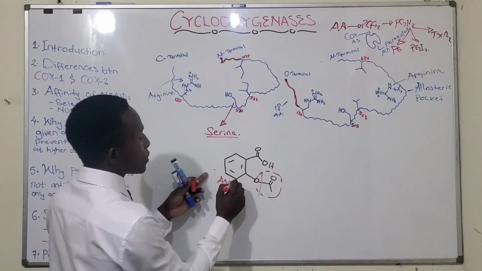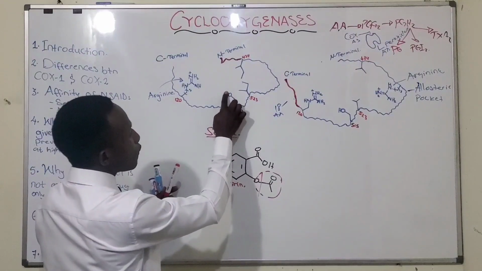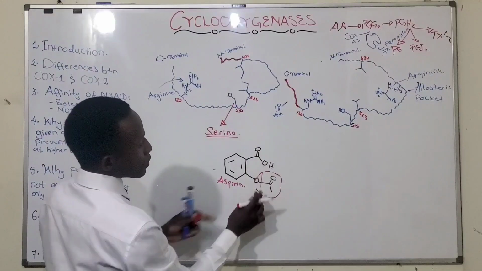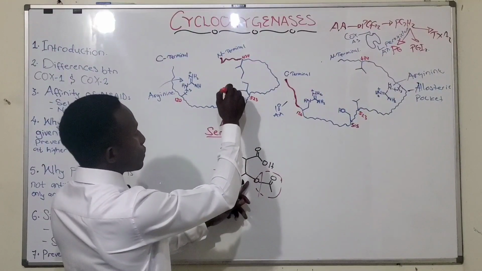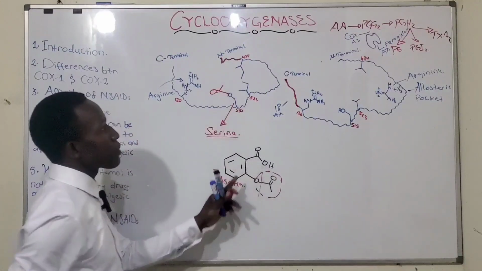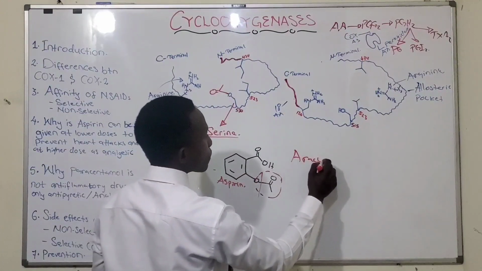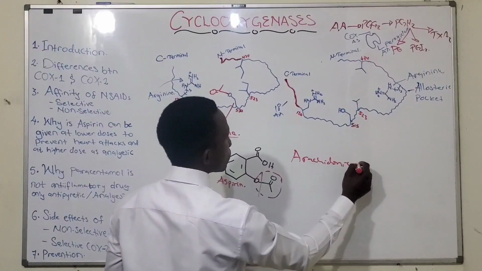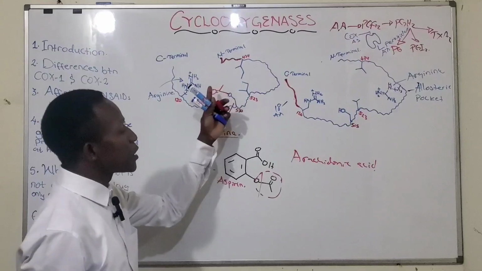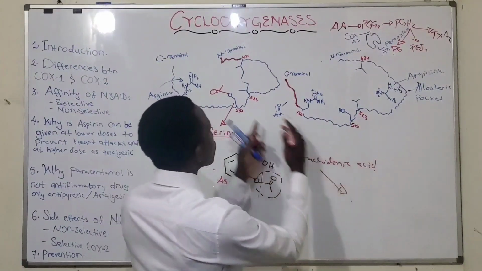So this group here is cleaved off, so we shall have this group like this. Meaning that the arachidonic acid no longer fits in the receptor site. So there's no more prostaglandin synthesis because arachidonic acid cannot fit.